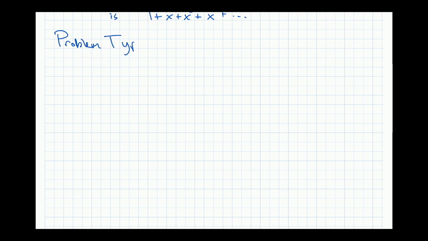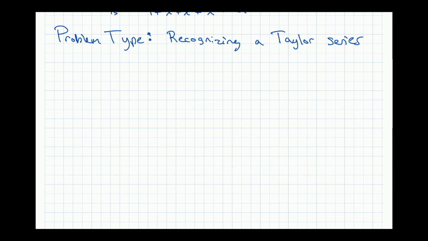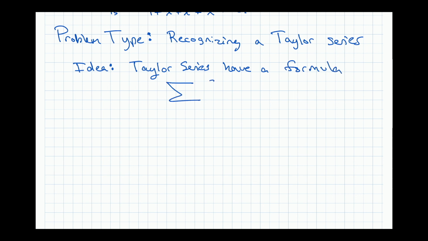So, problem type: recognizing a Taylor series when you see one. The idea is that Taylor series have a certain formula. It's this one: f^(n)(a) over n factorial times (x minus a) to the n.